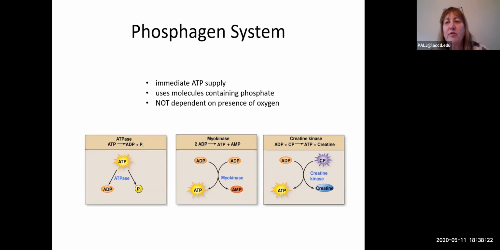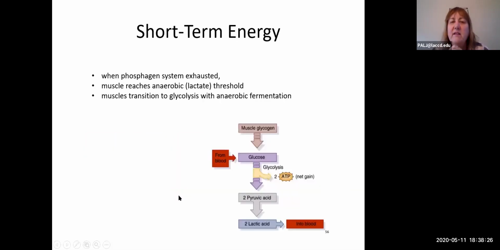Once all three of these are gone, then we have to revert to our short-term energy supply, which is our glycolysis with the anaerobic fermentation giving us lactic acid. Once short-term energy supplies are gone, and by the way, that did not require any oxygen, short-term energy. So once that is gone, we must have oxygen.